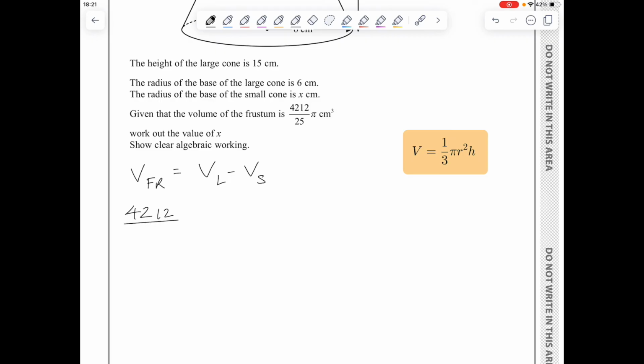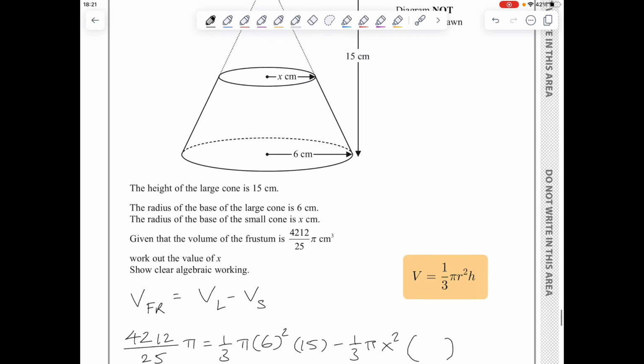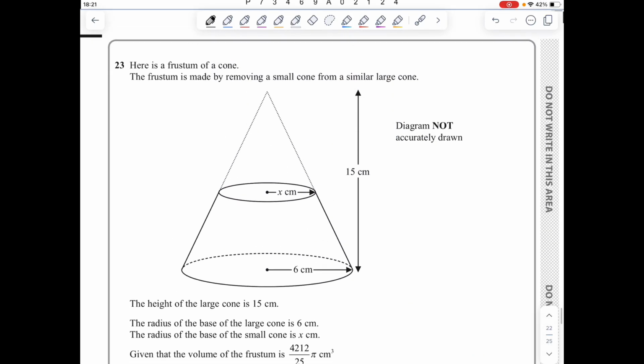4,212 over 25 pi is equal to 1 over 3 pi 6 squared times 15 minus 1 over 3 times pi x squared times the height of the small cone. Now I need to find the height of the small cone in terms of x. So let's go back to the shape.